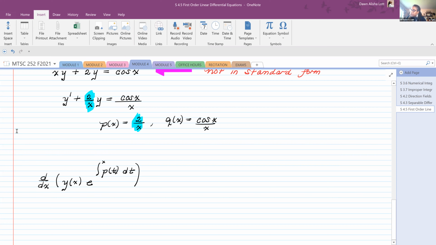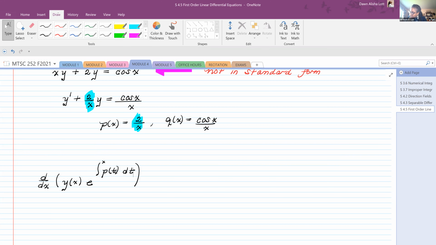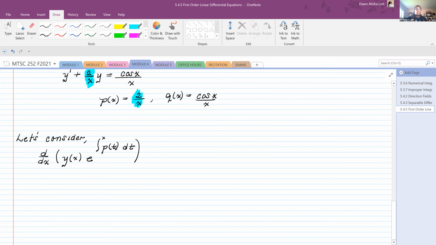Let's consider this derivative. I know you're saying, why in the world am I doing that? Well, we already talked about the fact that we know how to take the derivative of e to the integral of p of t with respect to x. We know how to do that. So this is a product rule.